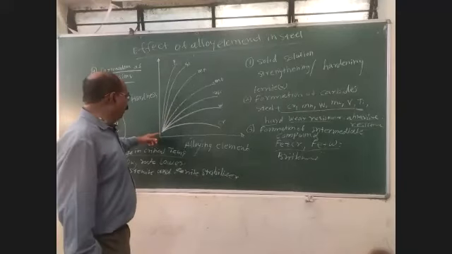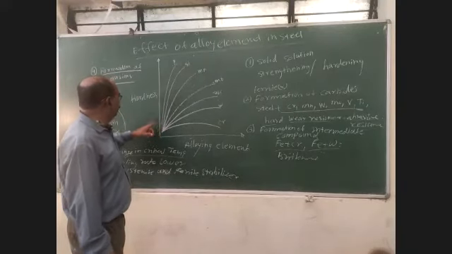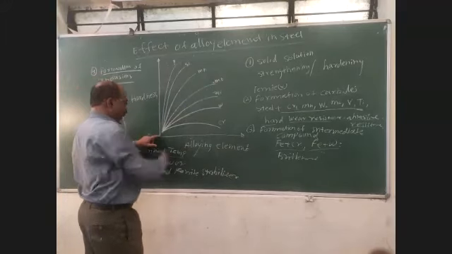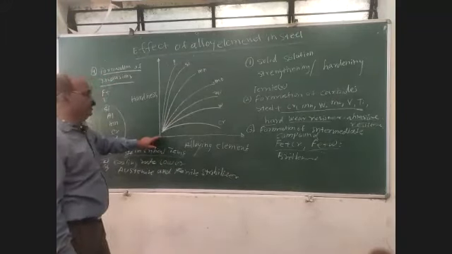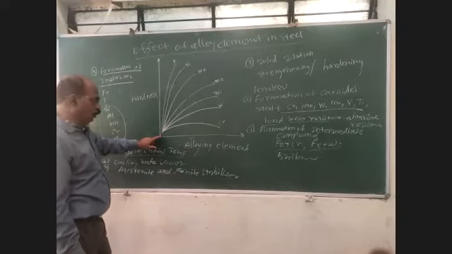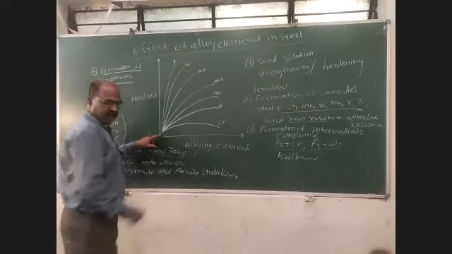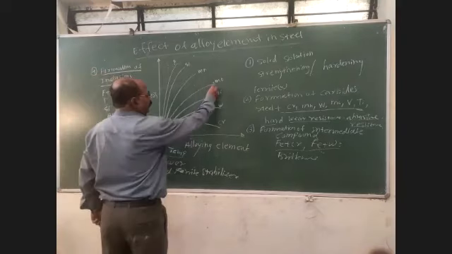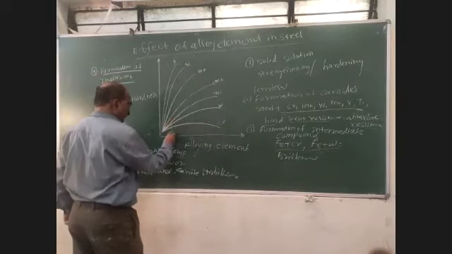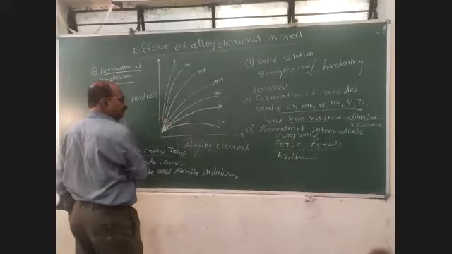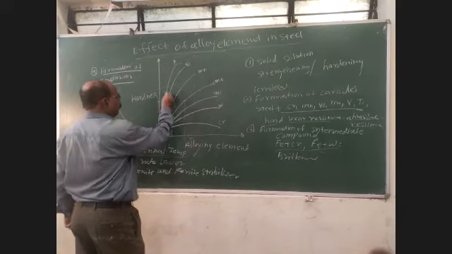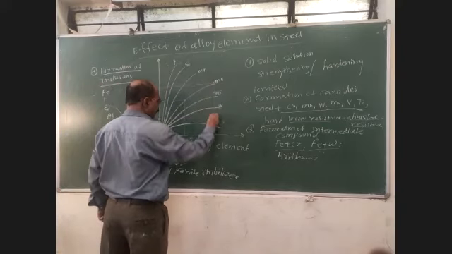In this graph, for example, this is the molybdenum. Initially at this point, hardness is low, but if we add the alloying element like molybdenum and go on increasing it, corresponding hardness will increase like this.